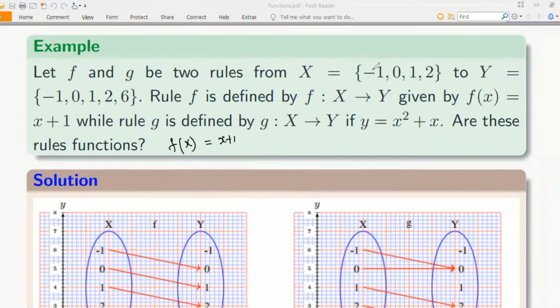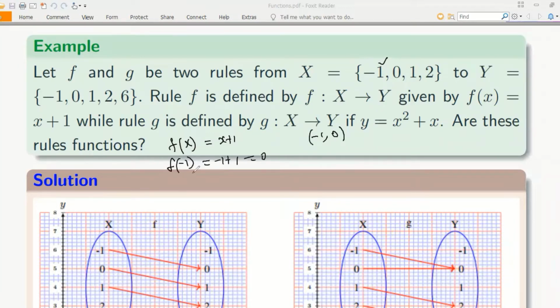So what about if the object is -1? The image will be -1 plus 1, which is 0. So that means -1 will have the image of 0.